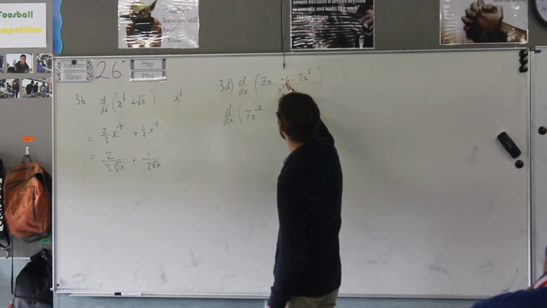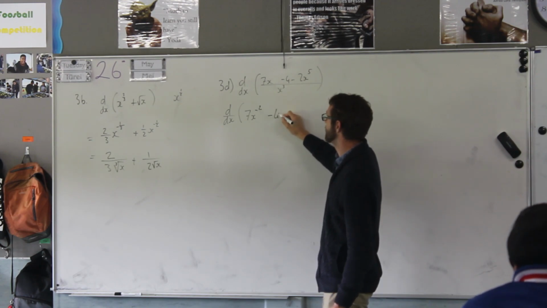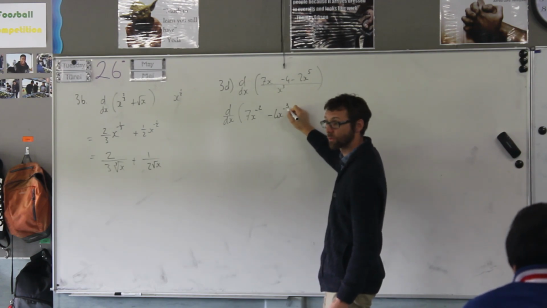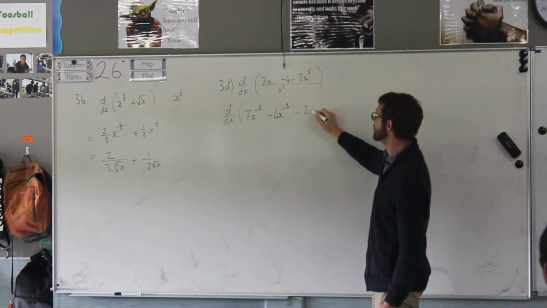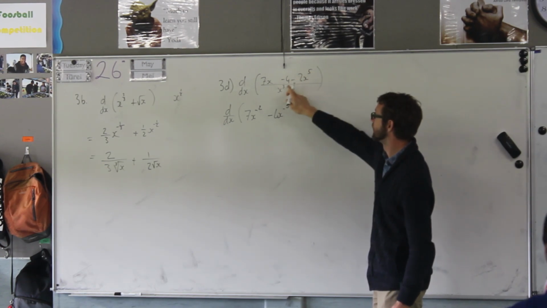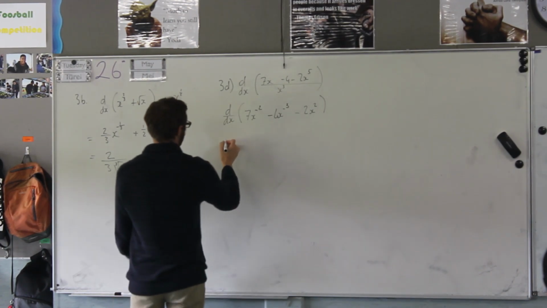And minus 4 over x cubed, we could just write as minus 4x to the minus 3. And this one here becomes minus 2x to the power of 2. And now we're away and we can actually differentiate this.